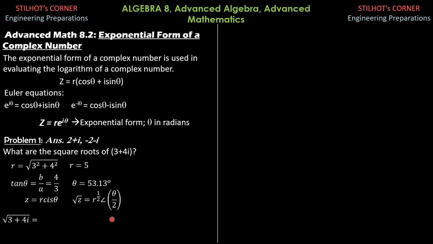So square root of 3 plus 4i is square root of 5 cosine of 53.13 degrees over 2, then plus i sine 53.13 degrees over 2.